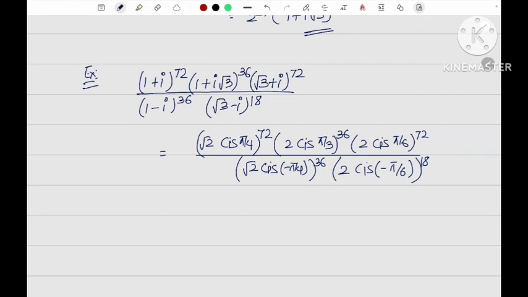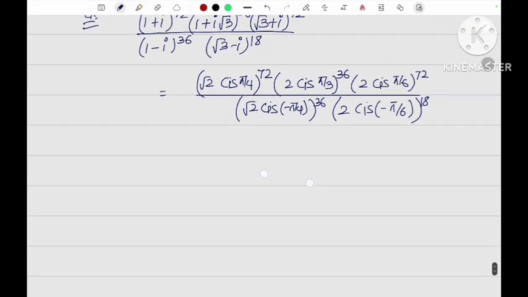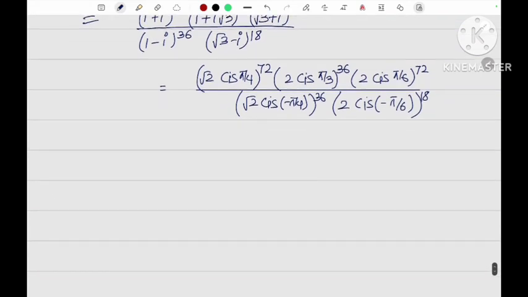Okay, now De Moivre's theorem, cis theta to the power n is cis n theta, to each of these terms. To each of these terms, we are going to apply De Moivre's theorem, and then we will apply another property of cis theta to further take denominator to numerators. Let us first apply De Moivre's theorem.